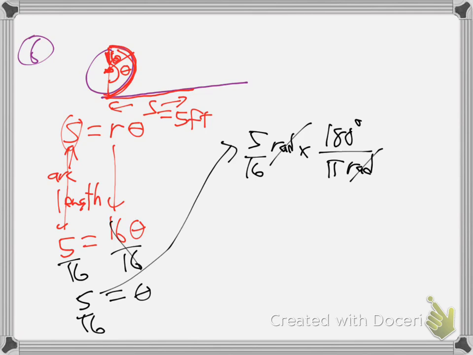So I take my 5/16 and convert it to degrees. You've got to get rid of radians. Remember, you're always motivated by what you're trying to cancel. So hit the buttons on your calculator: 5 divided by 16 times 180 divided by pi, and use the pi button.